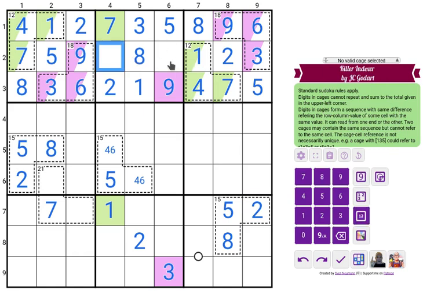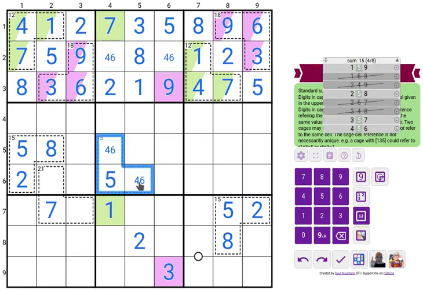And then what do we have here? 4 and 6. But first we might think about this one.